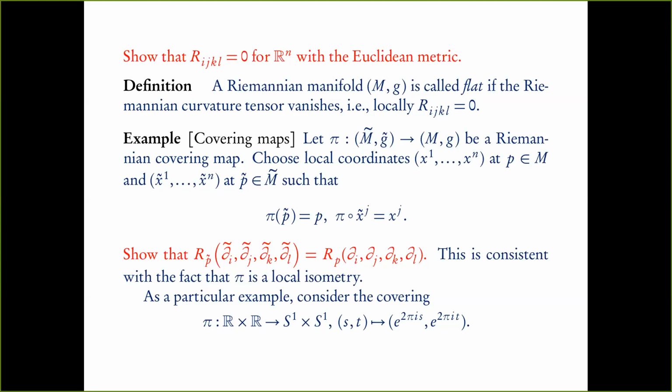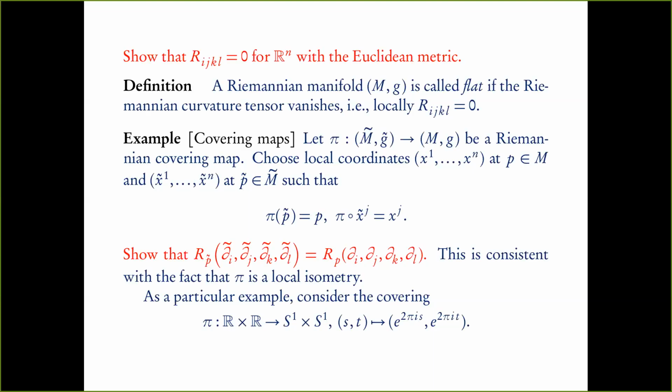Here I want to induce a metric on S1 cross S1 by using the metric on R cross R. R cross R has the obvious Euclidean metric, and I know R cross R is flat because of the first exercise on this slide. So I want to use the metric on R2 to define a metric on the torus. How should the torus look in this case?